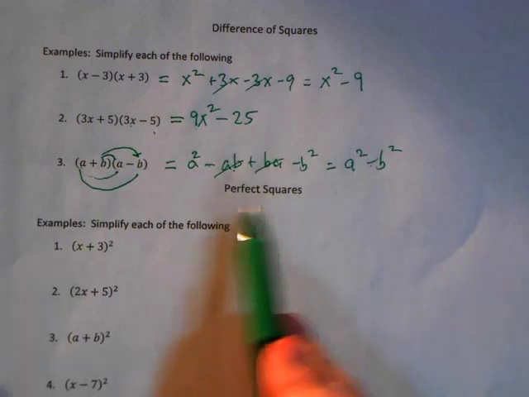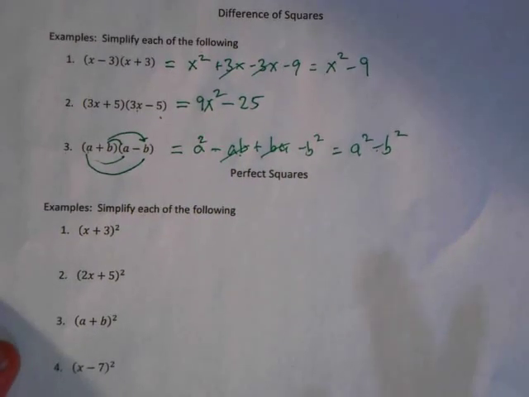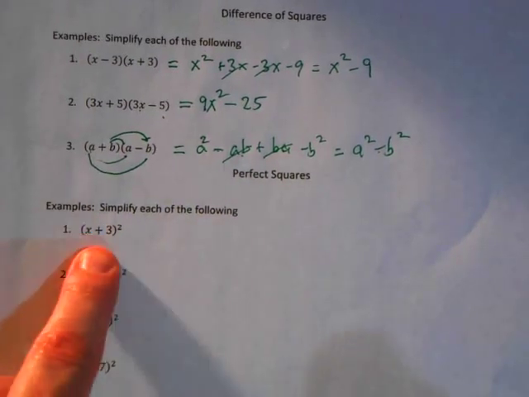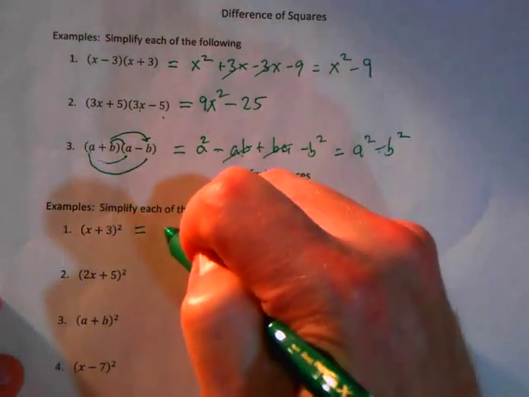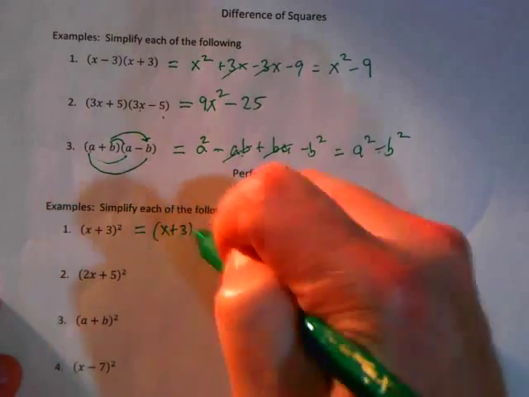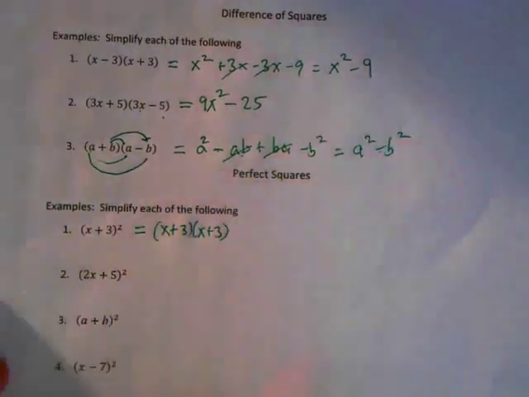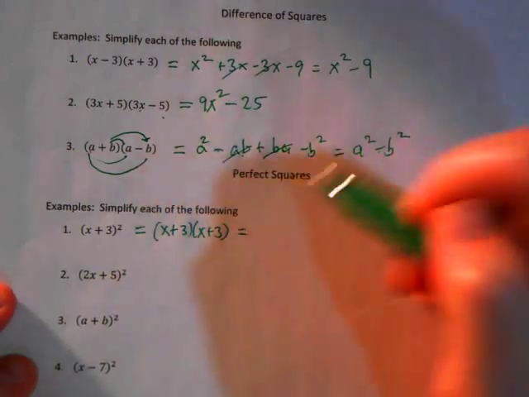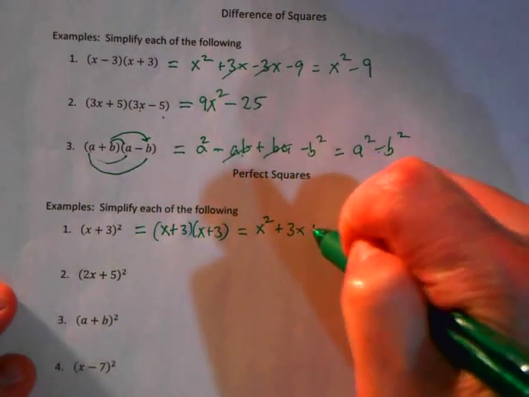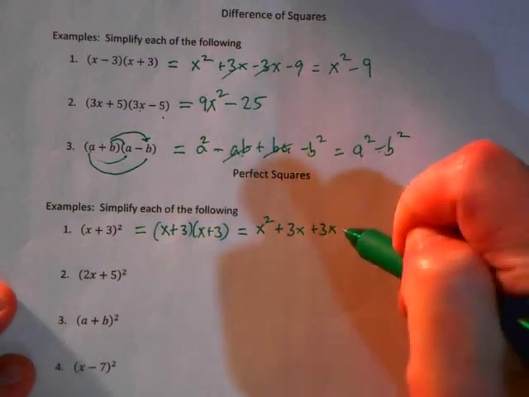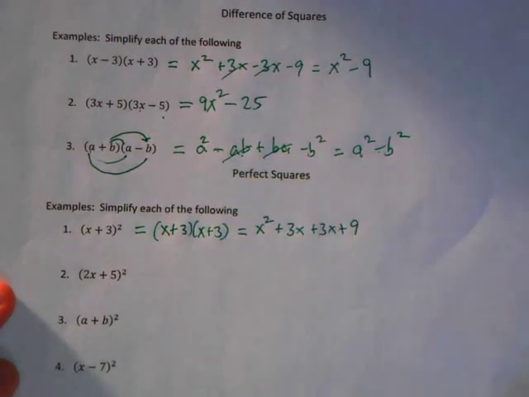Alright, and then we have something called perfect squares, which is kind of along the same line. Now, x plus 3 squared, you've got to remember that that's x plus 3 times x plus 3. Squaring means multiply something by itself. Multiply it out. You get x squared plus 3x plus 3x plus 9.